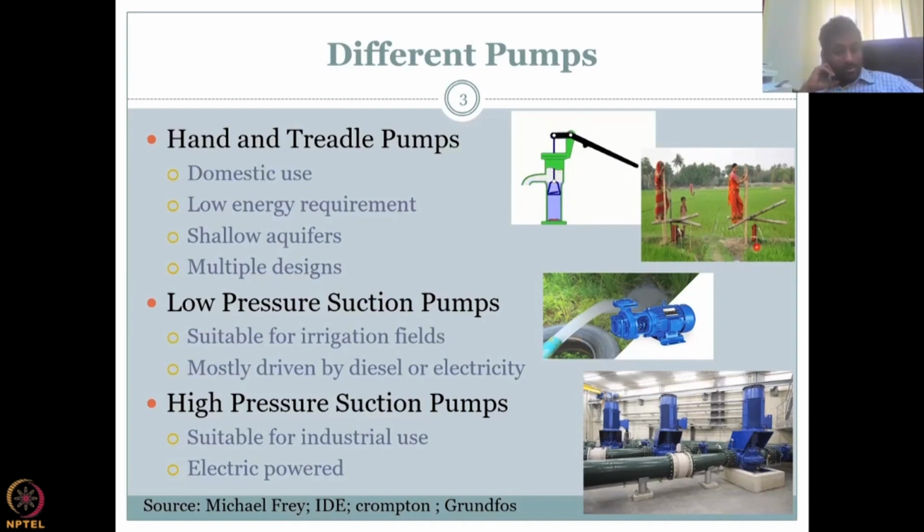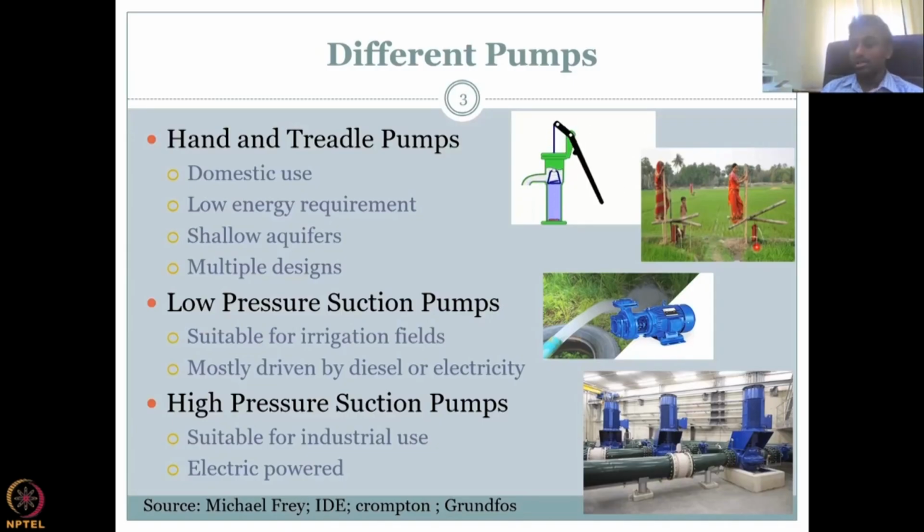This requires some excess energy which cannot be supplied by hand, so you go to diesel or electric pumps. Nowadays you also have solar, but I will show you some figures which say that electricity is the biggest supplier of energy for irrigation pumps across India, followed by diesel pumps and then solar, etc. So you are still using diesel powered or fuel powered pumps to extract the water.